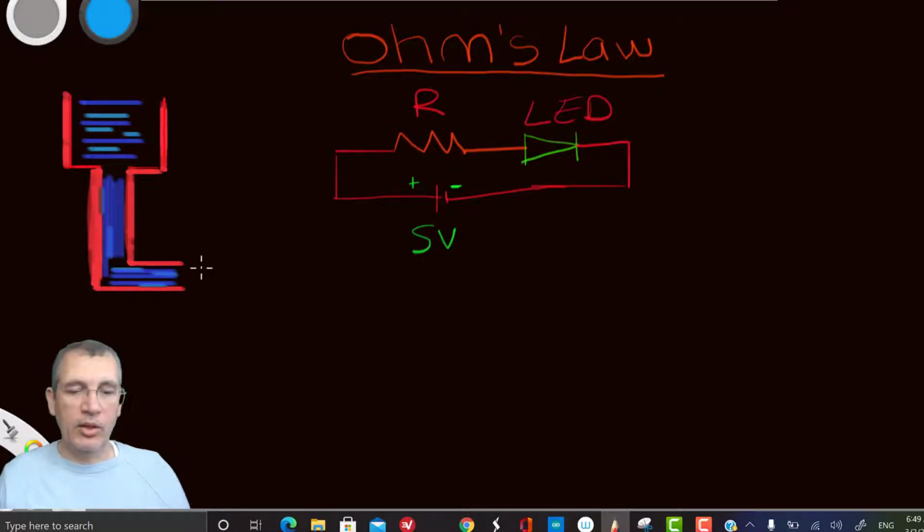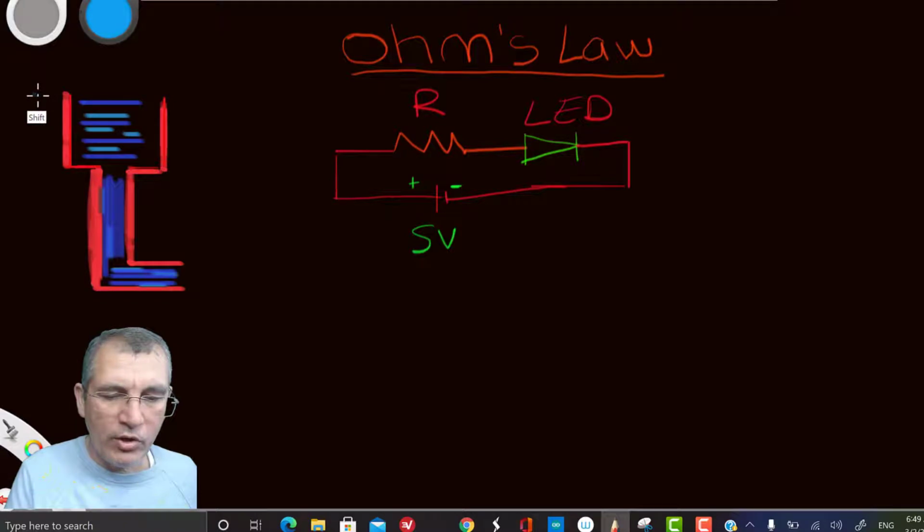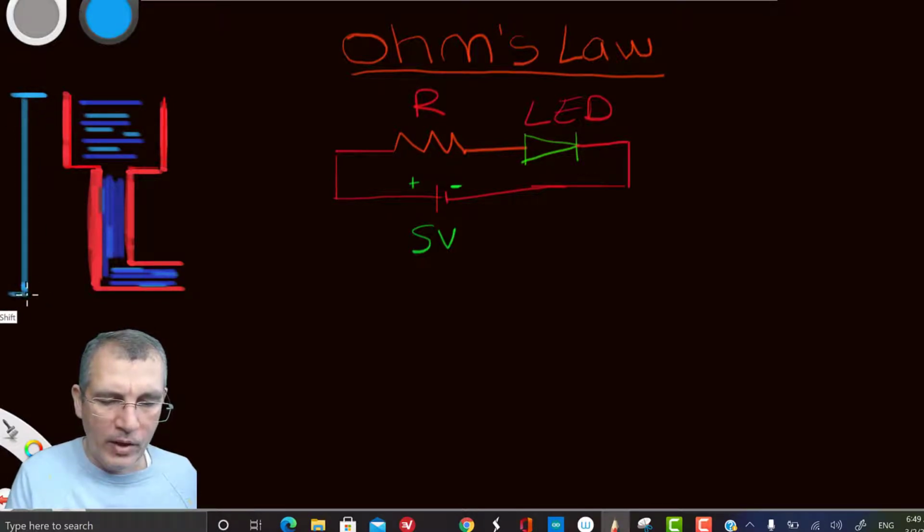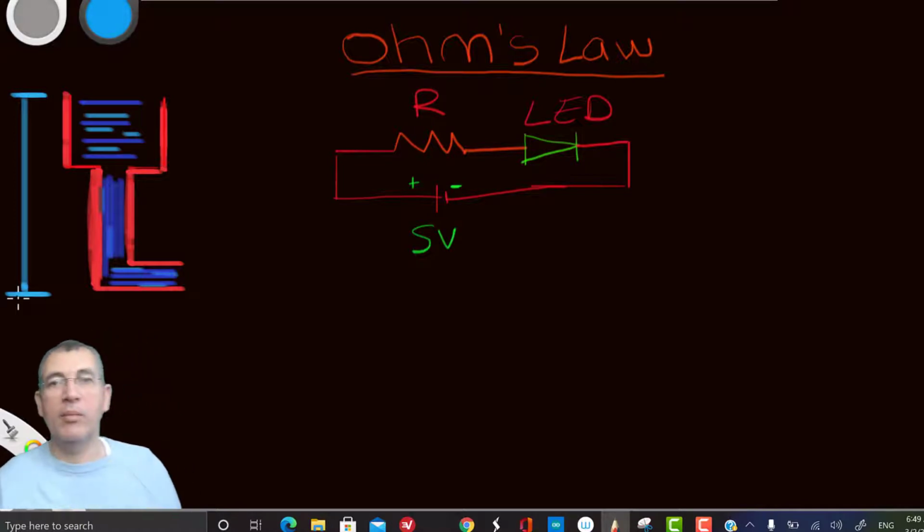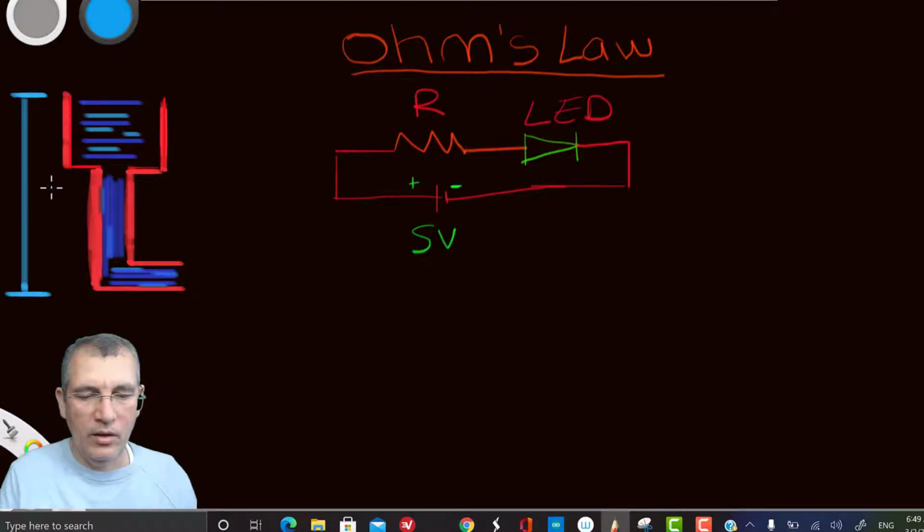You can play with it to make it better looking, but this is our water tank. The water creates some kind of pressure because of height. So you compare this pressure made by water to the voltage. I'm going to write a V from the top to here.